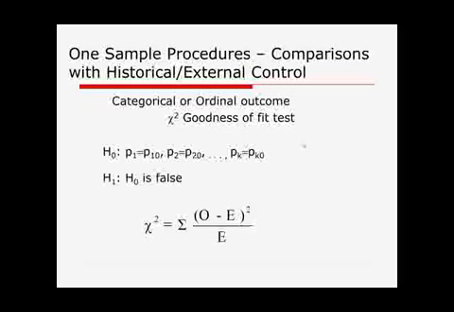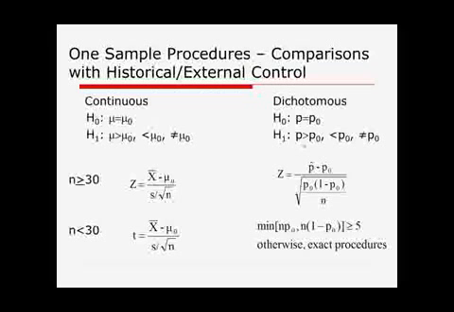It's not a z-test. You see on this slide, you could use a z-statistic or a t-statistic on the left side, a z-statistic on the right side. These are assuming that our samples are large enough to use the normal distribution. And again, that point about the exact procedures comes into play when you have a dichotomous outcome and you don't have enough individuals in each of your categories.